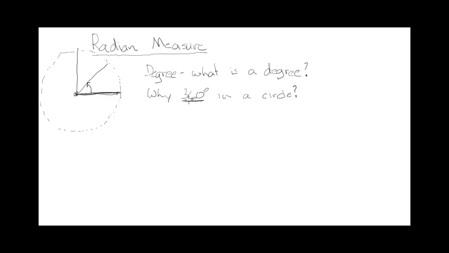The reason we use 360 is that the idea of degrees dates back to before we had a base 10 number system. It actually dates back to the Babylonian number system, which was base 60.